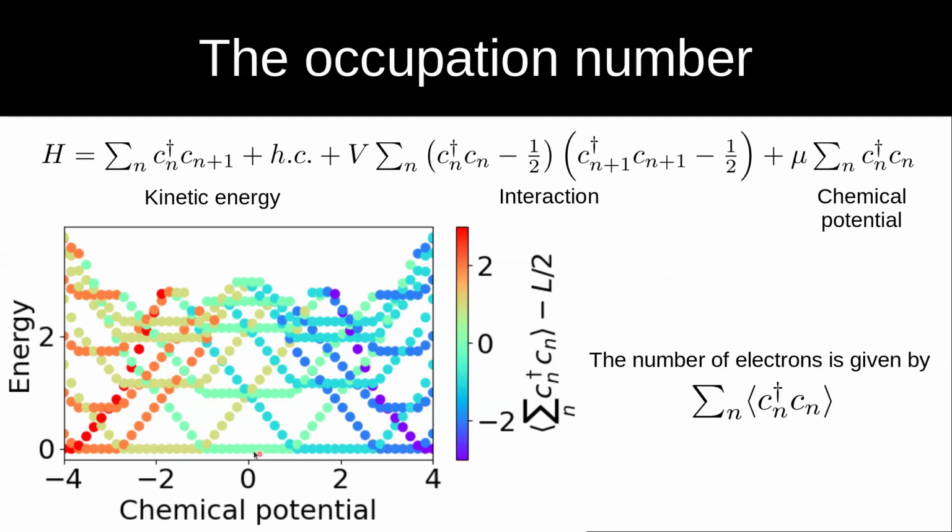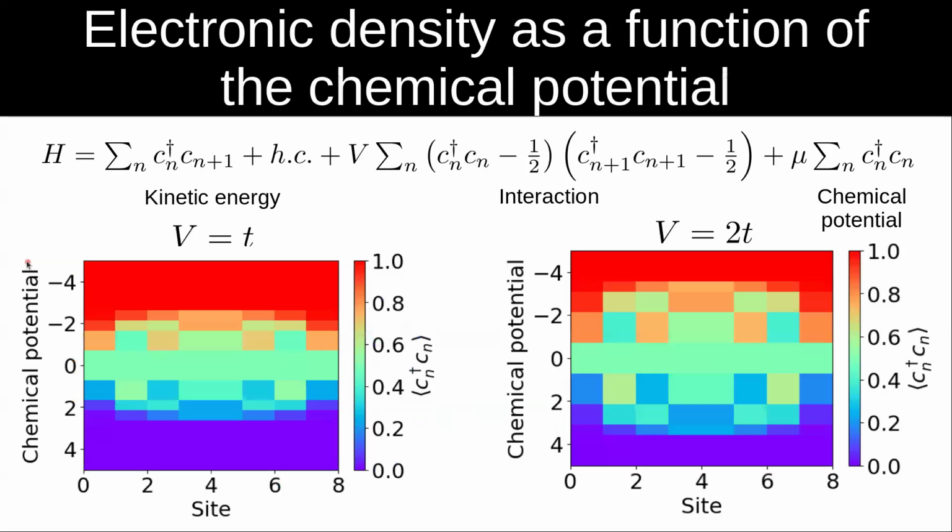And of course, if you go to the opposite chemical potential, you get the opposite behavior. So here you are half filled, here half filled plus 1 electron, here half filled plus 2 electrons, and so forth. So the chemical potential not only changes the distance between the ground state and the excited states, but it is also capable of changing who is the ground state if it is large enough.